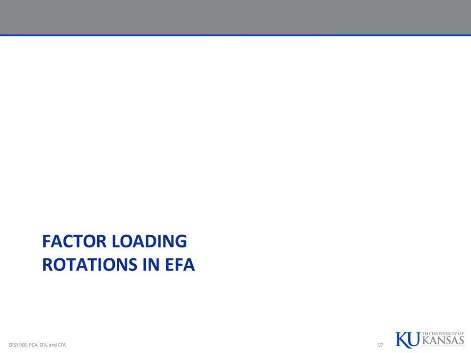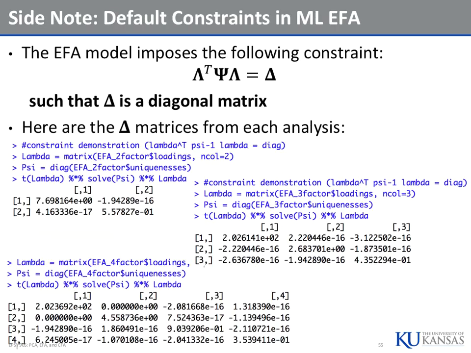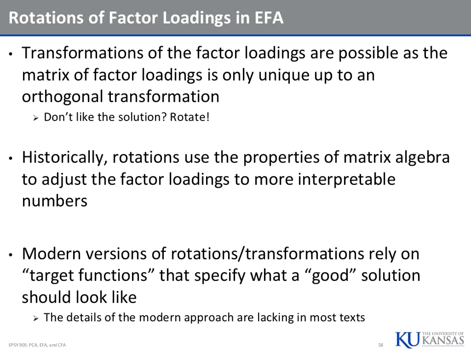What people used to do with factor loadings, if you're doing this and trying to estimate every single one subject to these constraints, you could use something called a rotation, which is: you don't like the solution that R gives you? That's fine. Rotate it. Spin it around. Find a solution that's more interpretable. Then publish it. Because it's not just subjective to figure out what it means, it's subjective to figure out how to rotate it.